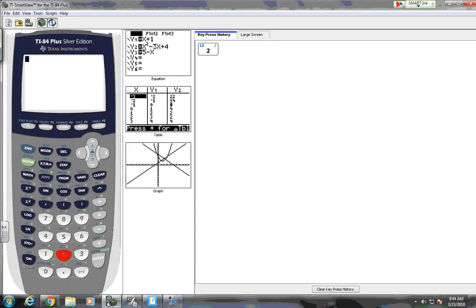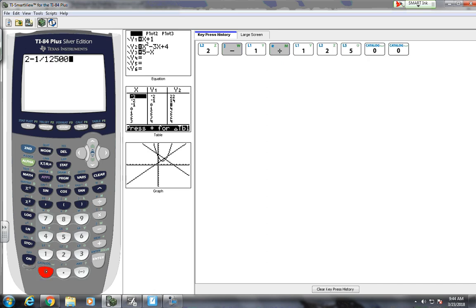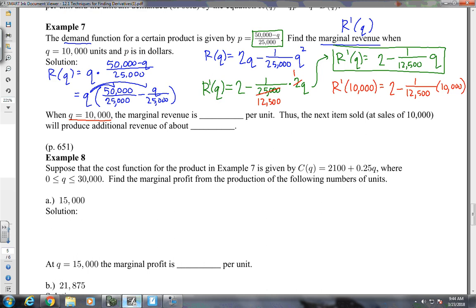So we'll type it in as 2 minus 1 over 12,500 times 10,000. And we end up with 1.2 for our answer. So this would be $1.2 per unit. Or we could say $1.20 per unit. Thus, the next item sold at a sales of 10,000 will produce an additional revenue of about $1.20.